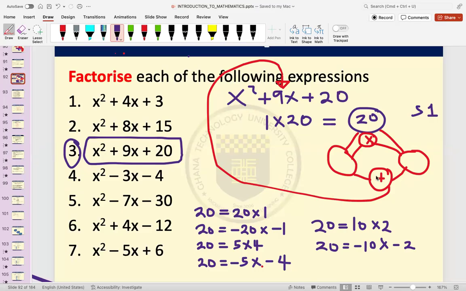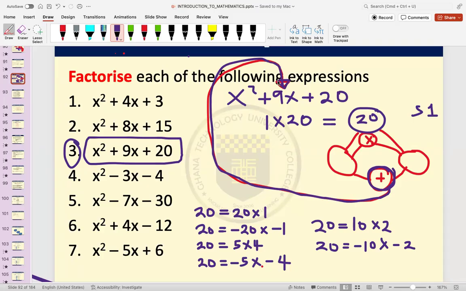But our main concern is that when you add those two numbers that you are going to pick, do they have the tendency to give you the number we are looking for in the middle of the expression, which is the 9? Is it possible all of them will give you 9? That may not be possible.